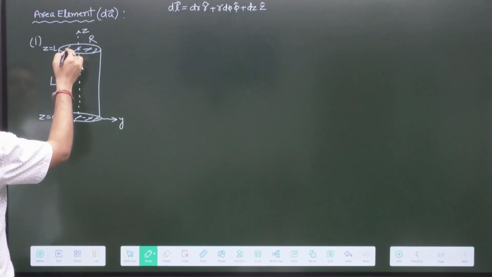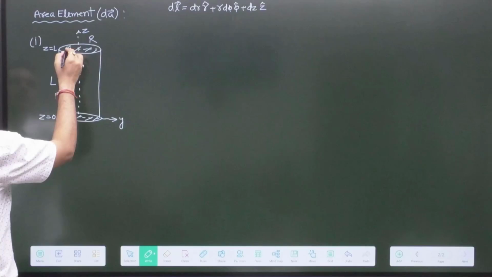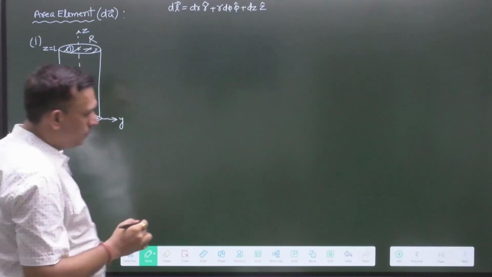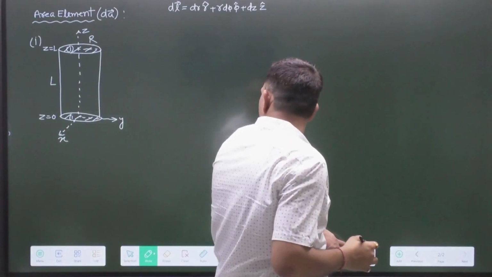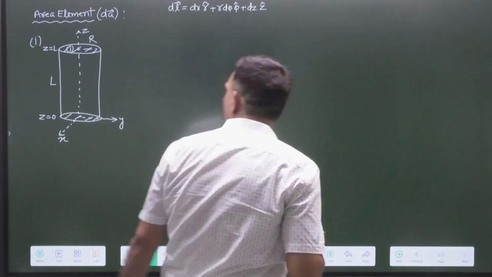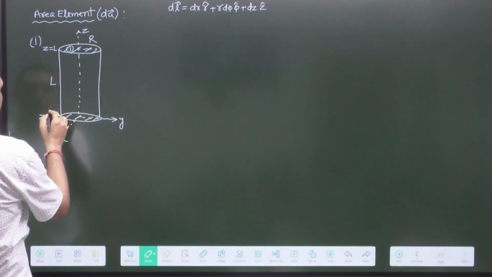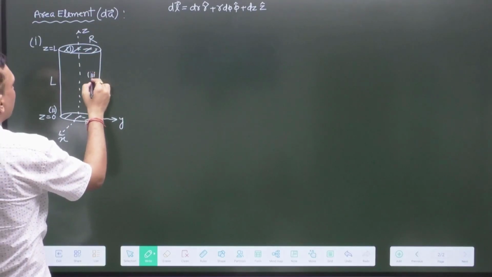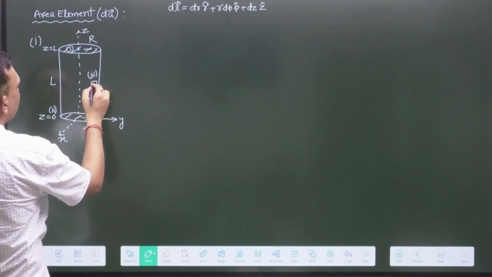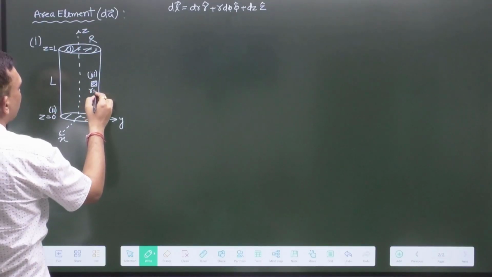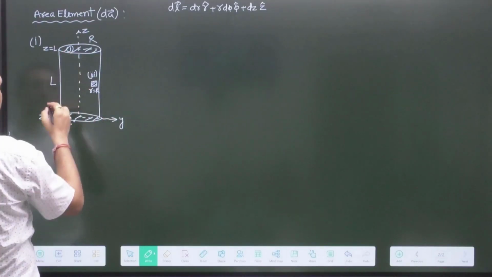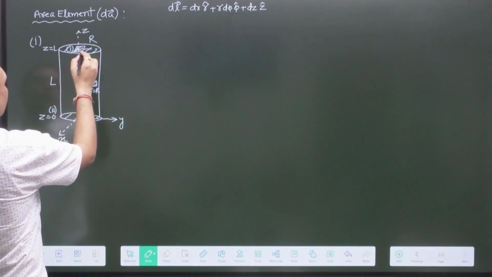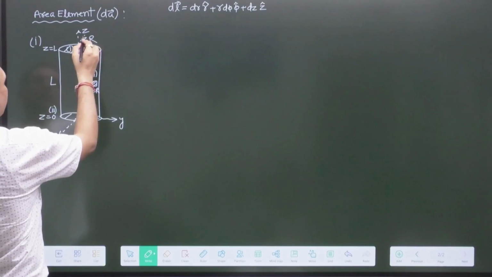So I am writing this surface as surface 1. This is surface 2. And surface 3 is the curved surface of the cylinder, r is equal to R. If you draw some elemental area on the top, the direction will be z cap.